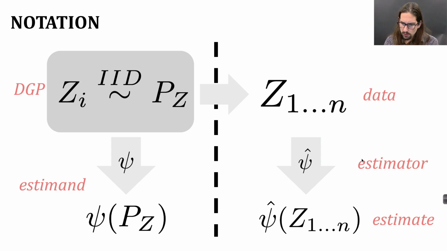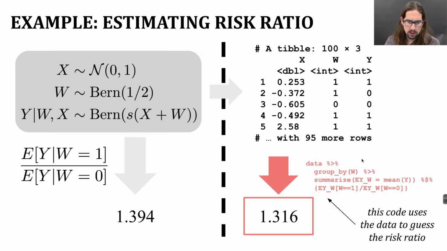Something that I don't have on this slide, but I wish I had, is that this data is random, right? If I repeated the exact same experiment, using the exact same code, with the exact same data generating process, that hasn't changed, but I just repeated the experiment, that is, I get more data, I get a different data set. If I plug the new data into this code, I'm going to get a different answer.